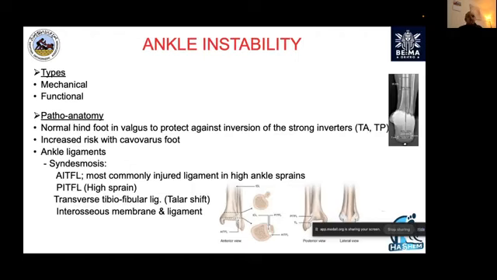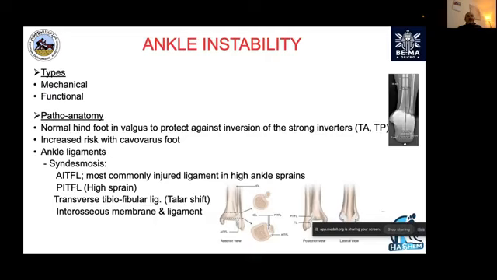That's why your ankle is naturally in 5 degrees of valgus, because if it were in varus, the inverters would be overpowering while they are already stronger. So nature gives you an ankle in 5 degrees of valgus just to balance the stronger tibialis posterior and tibialis anterior as inverters compared to peroneus longus and peroneus brevis as everters.